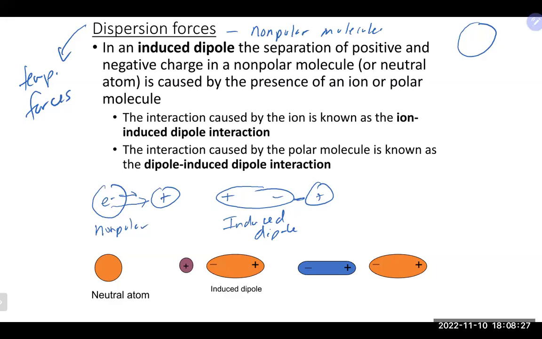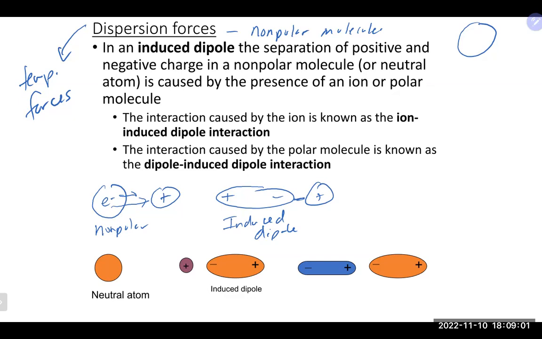The reason for that is in a polar molecule, like we talked about before, no matter what you bring near the polar molecule, it's always going to have the same separation of charge because it's got that dipole moment. It's never going to go away and come back. It's always got a positive side and a negative side. But something that's nonpolar, the best that you could do is just temporarily get it to have a charge. And if that molecule or ion should move away, it's going to lose its charge, and then that interaction is going to break apart.